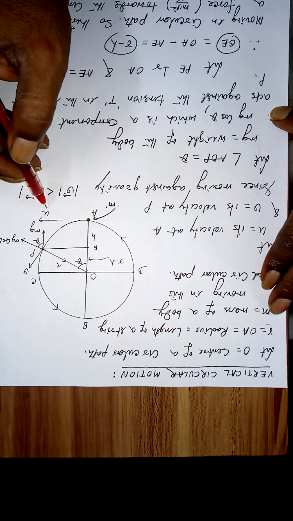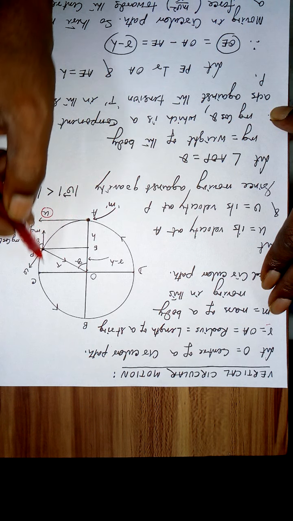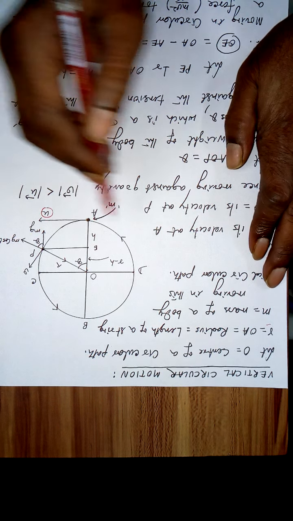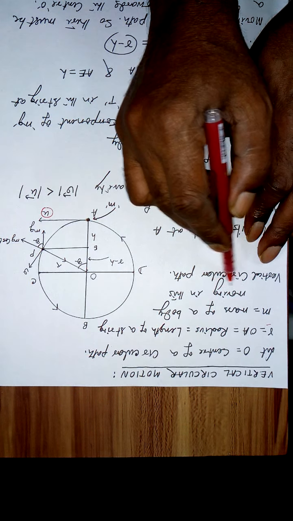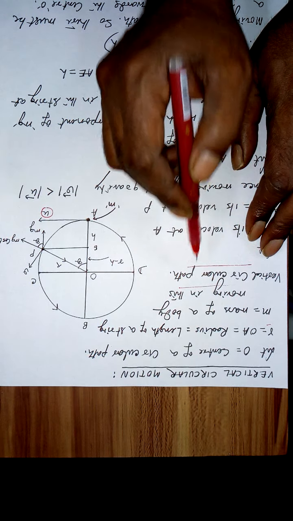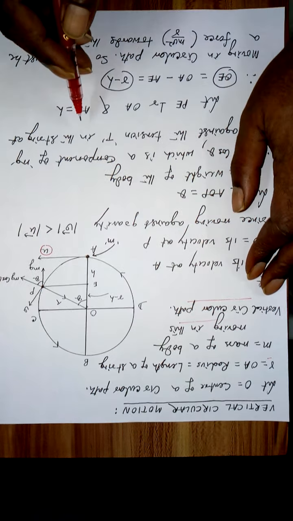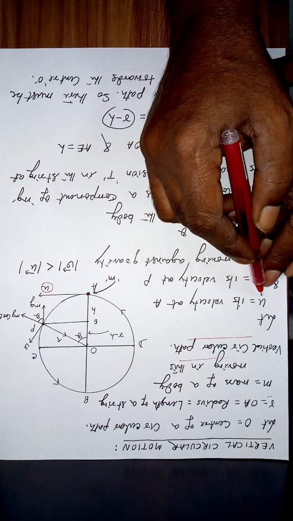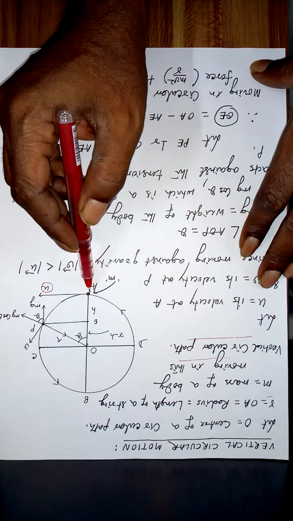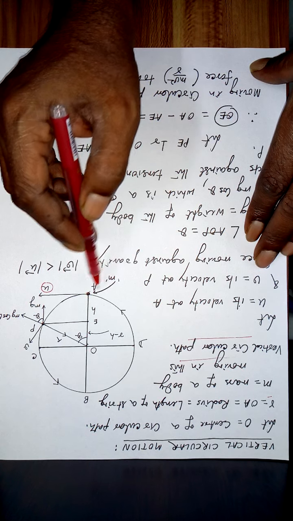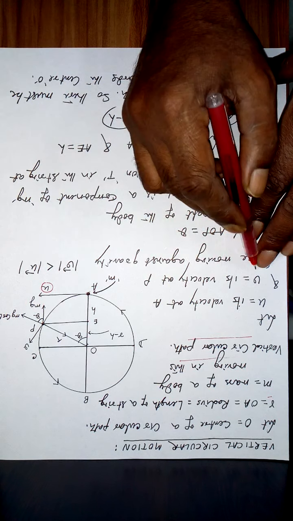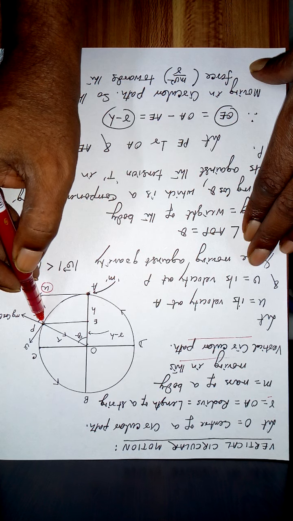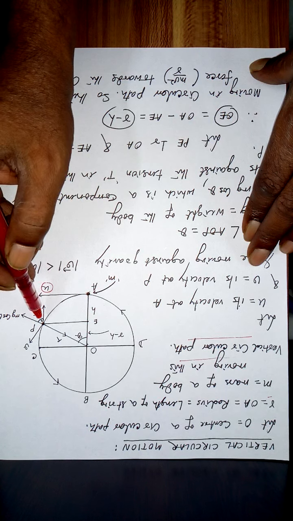Suppose this velocity is sufficient to make it move in a vertical circle. We will calculate this u. Let m be the mass of the body moving in this vertical circular path. Let u be its velocity at A, and v its velocity at point P. P is a point on the path of the circle.